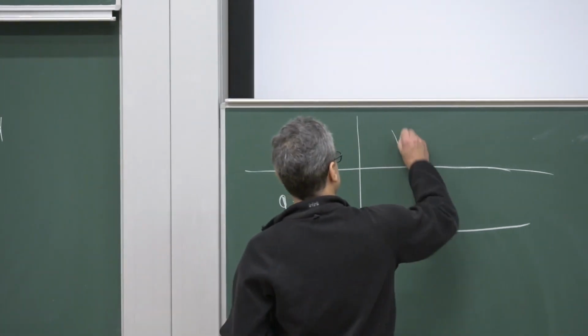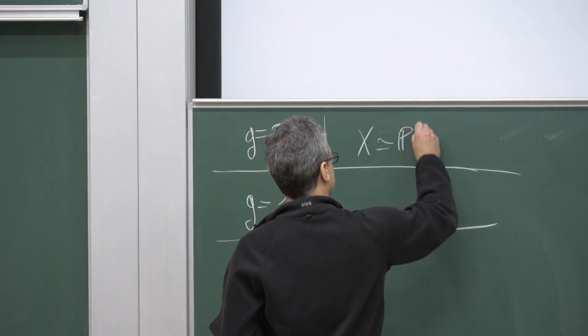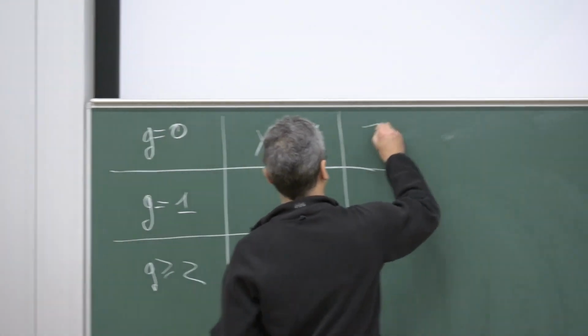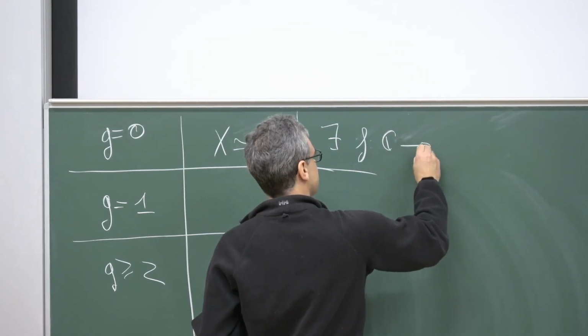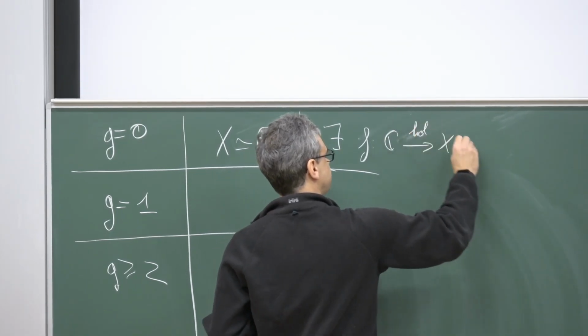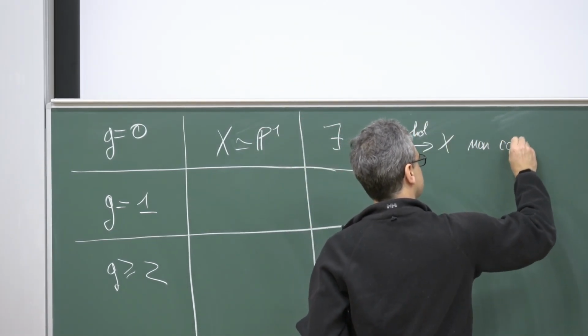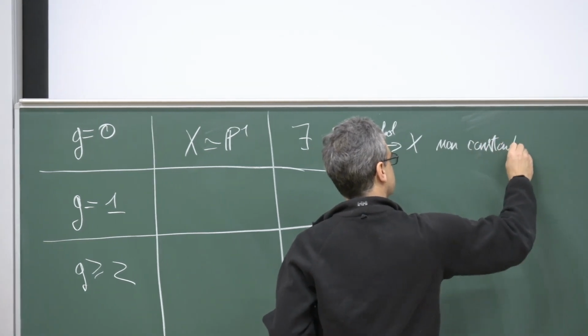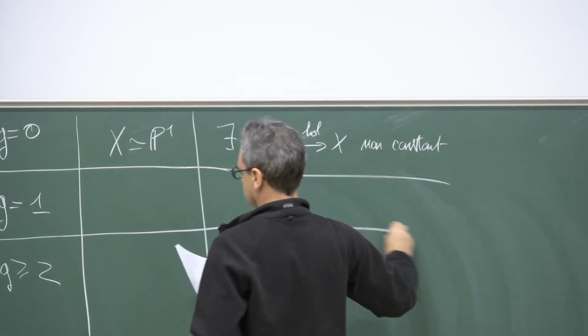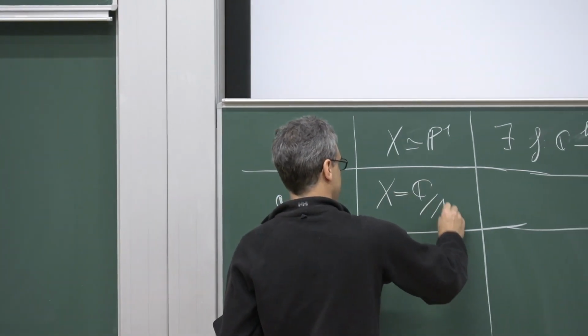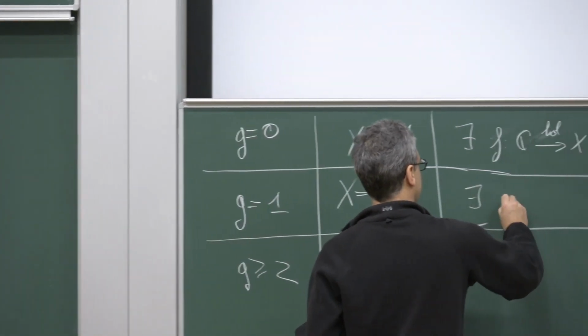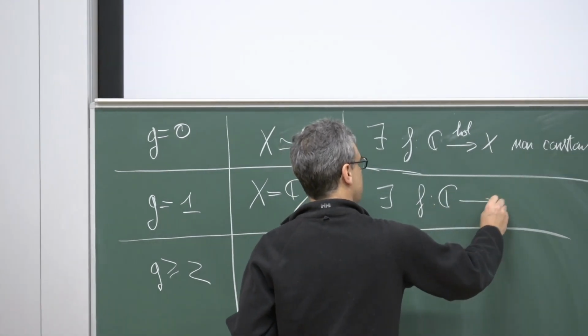So in this case, for the sphere, certainly there is a non-constant map. In this situation, the elliptic curve, certainly also there is one.